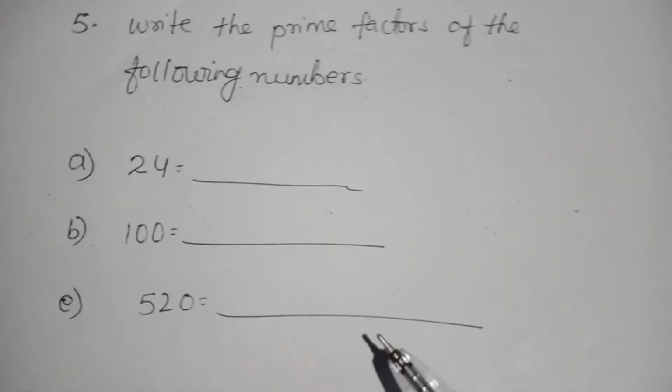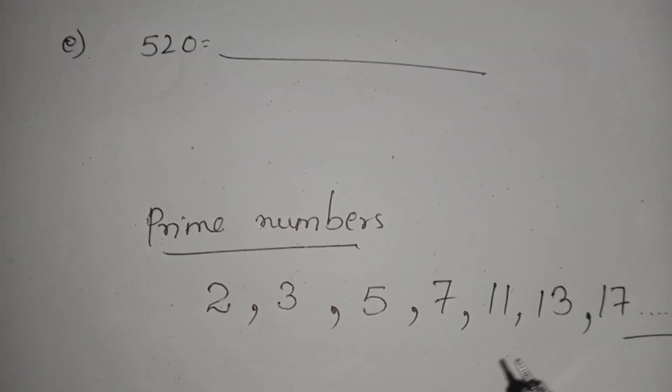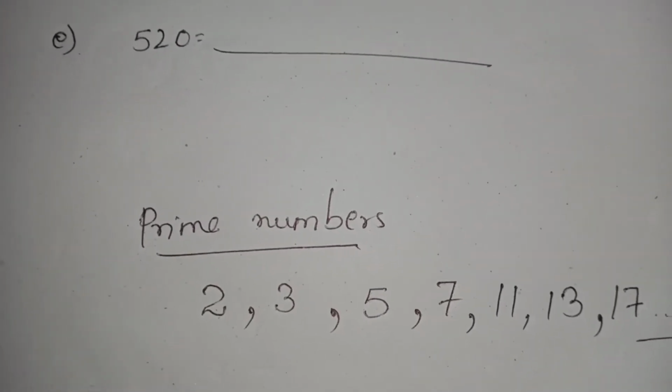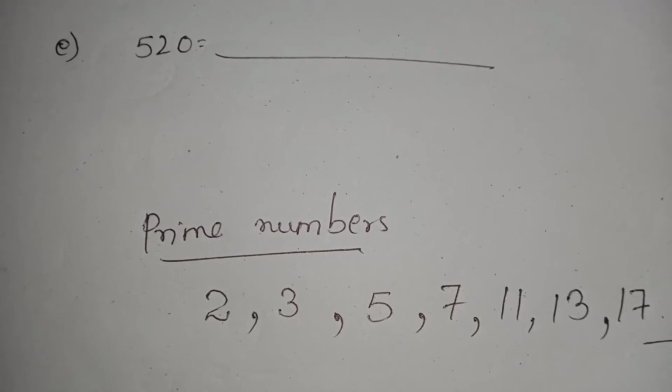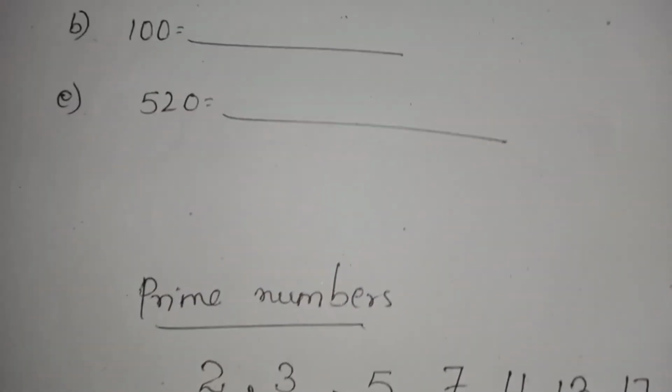So here we are going to find the prime factors of this number by using prime numbers only. We will use prime numbers like 2, 3, 5, 7, 11, 13. We will not use other numbers like 4, 8, 6, 10, 12. So let's start.